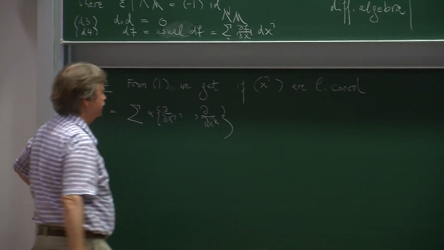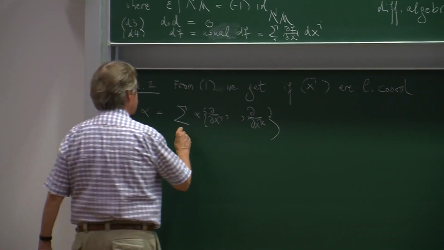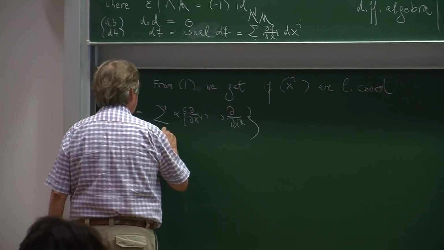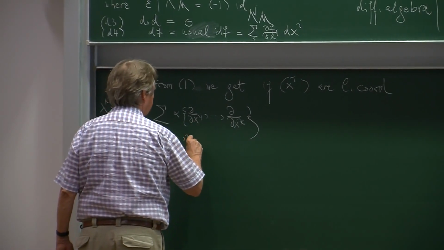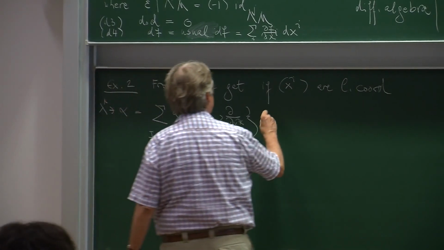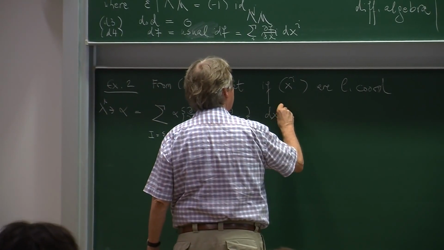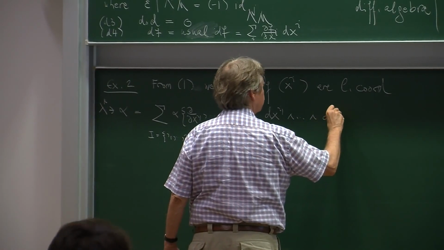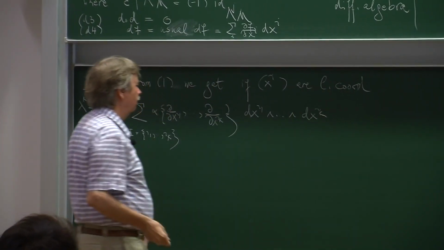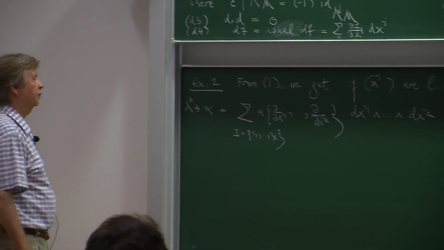All these combinations have to be used, and I abbreviate this by something like this here. And this object, such a form, is easy to prove, at least locally, in a neighborhood of a point.